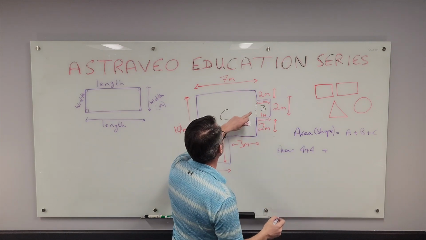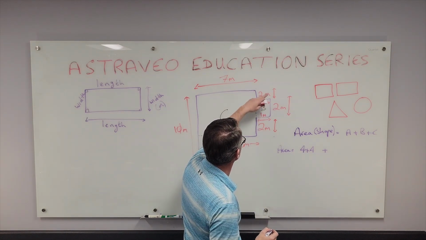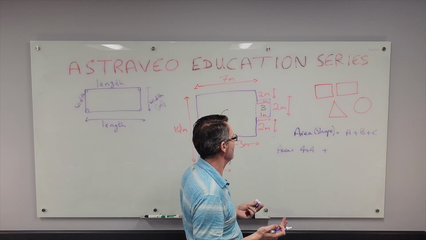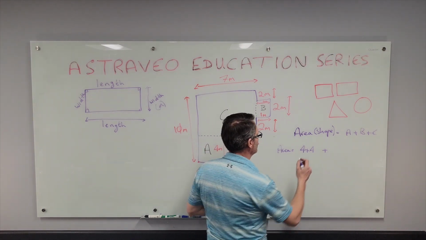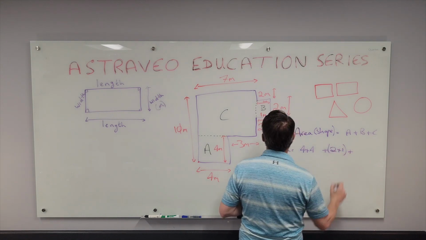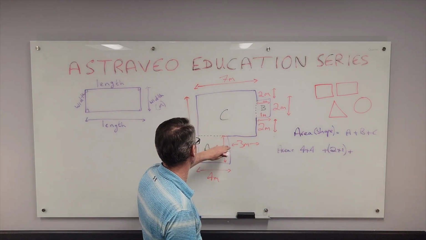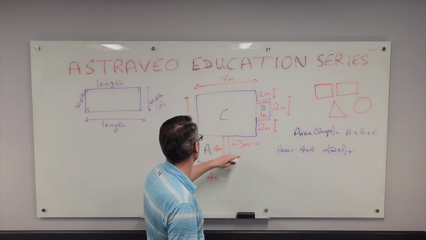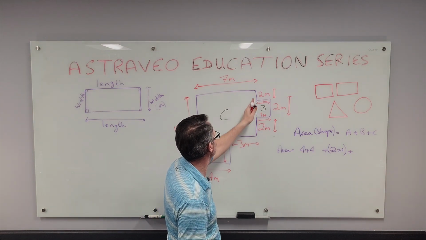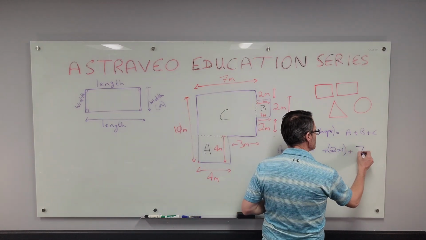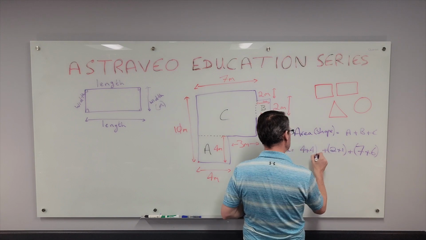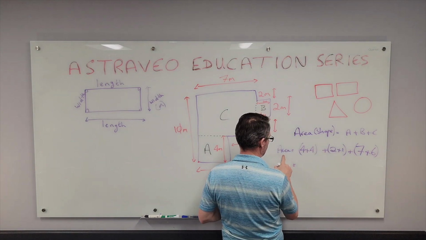Plus B is this tiny little rectangle, 2 meters long, 1 meter wide. The area is just length times width, so it is 2 times 1. And then finally, C, this big thing, is 3 meters plus 4 meters. This is 7. And this is 2, 2, and 2. So it's 7 times 6. This is all meters squared, sorry, it's an area.